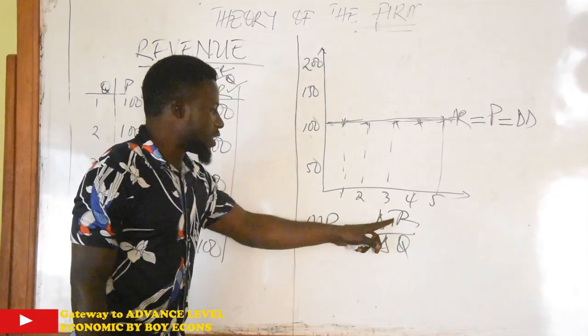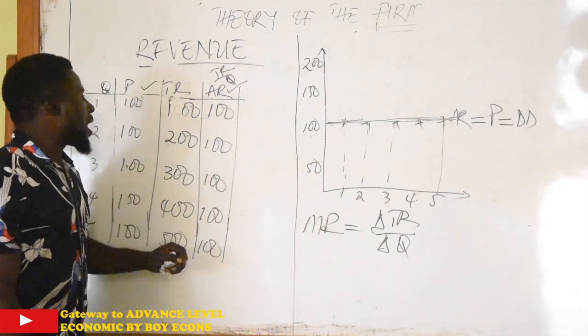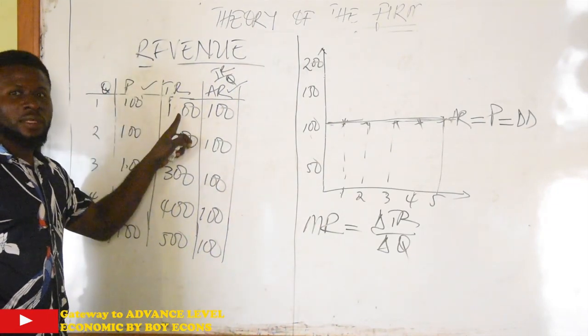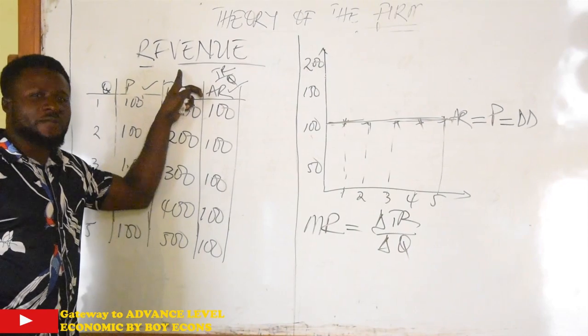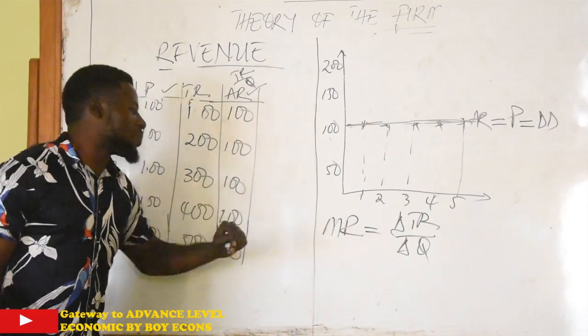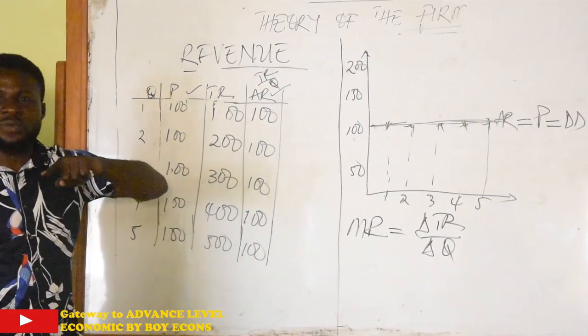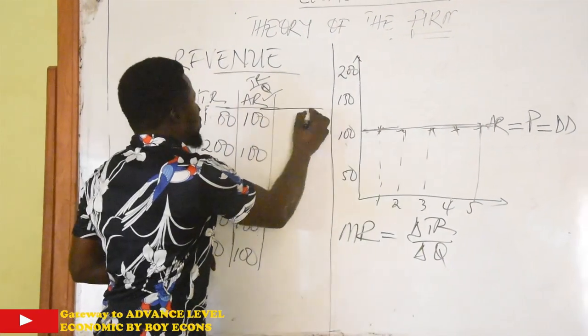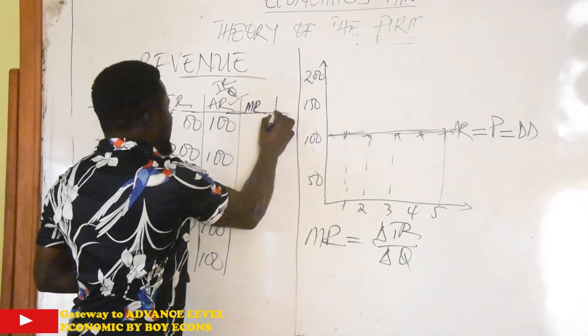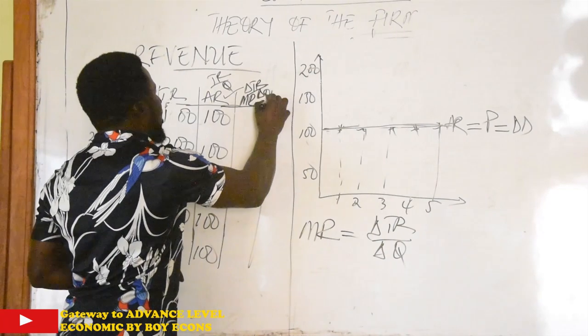So our change in total revenue here simply means we take our present total revenue and subtract the previous one from there. And then we divide by change in output, which is present output minus previous output. Same thing we did under marginal cost. So we have marginal revenue, change in total revenue, all over change in output.